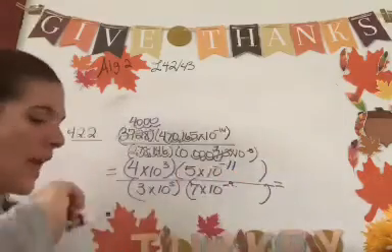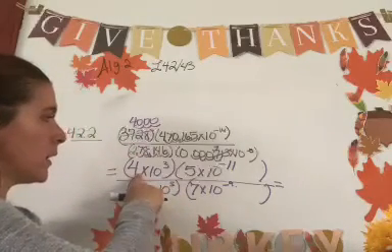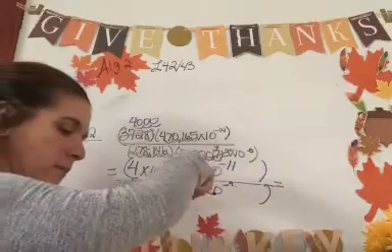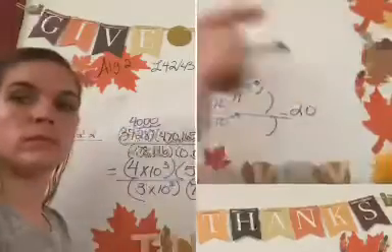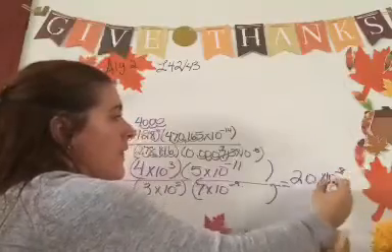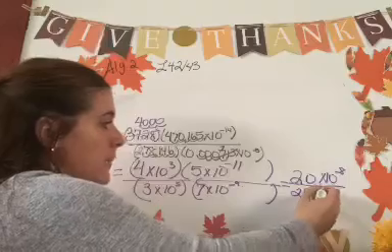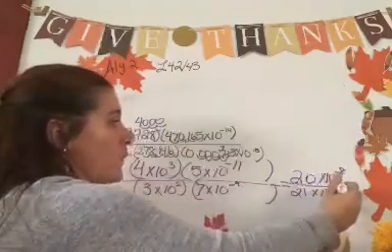Okay, so then we're going to do what? We have 4 times 5 is 20, times 10 to the negative 8, and then 3 times 7 is 21, times 10 to the negative 4, okay?